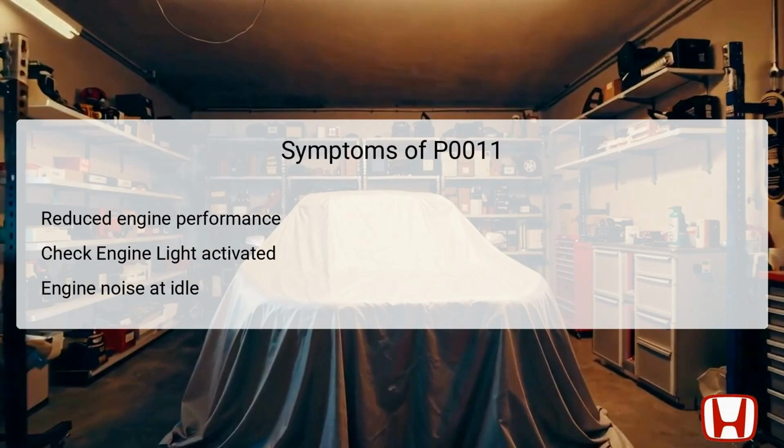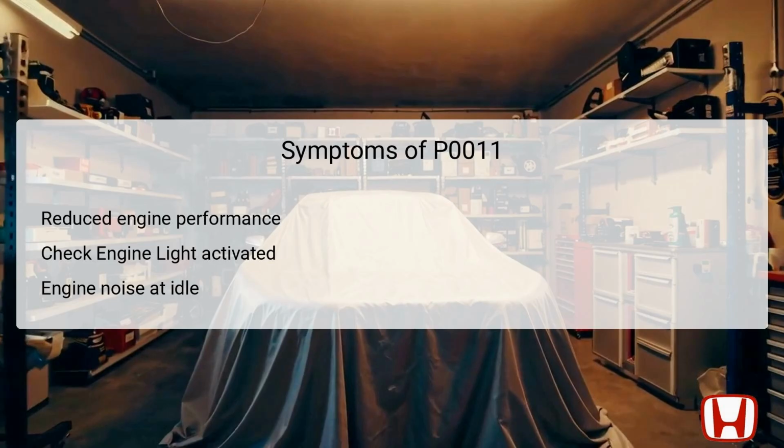When dealing with a P0011 code, drivers may notice several symptoms indicative of a problem with the VTC system. One common symptom is reduced engine performance, as the inability to adjust the camshaft timing optimally can lead to a lack of power and responsiveness.